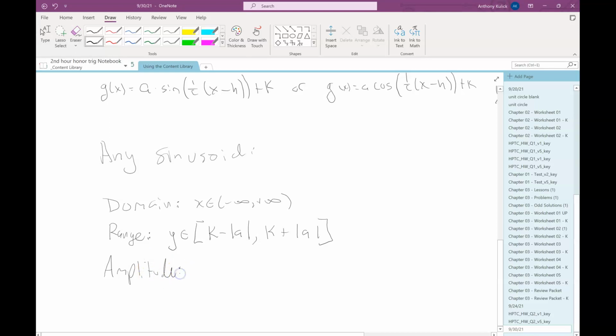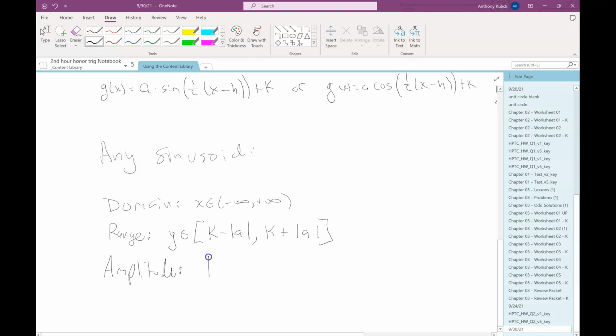Amplitude. Is a transformation going to affect the amplitude? Yes. Which coefficient is going to affect the amplitude? The A, right? Because if we're making the graph taller, the midline is going to stay in the same spot if all we're doing is making it taller, but that's increasing the distance then to the midline.